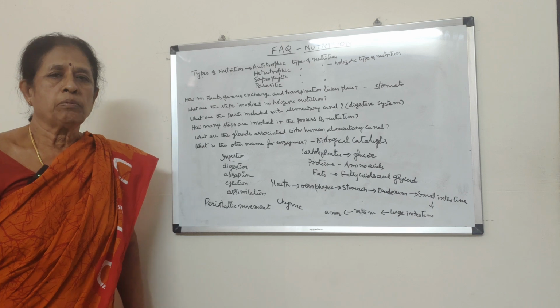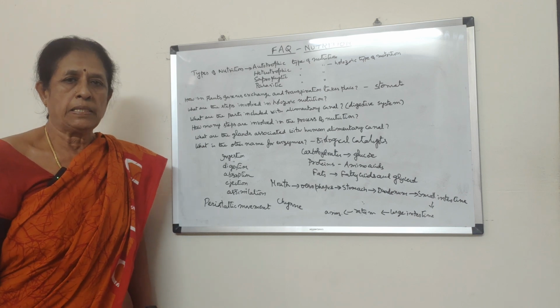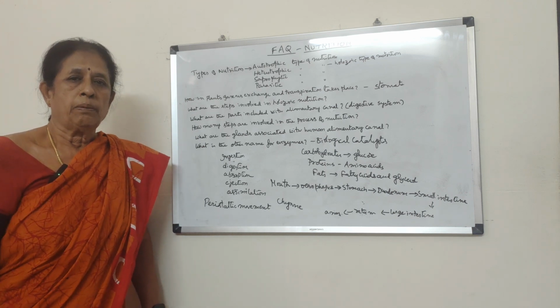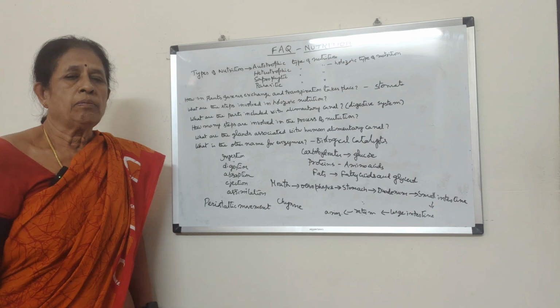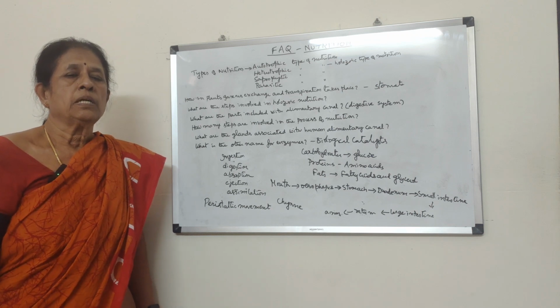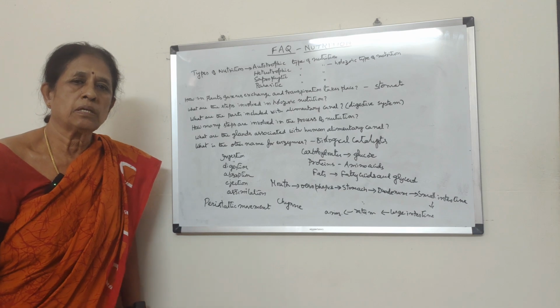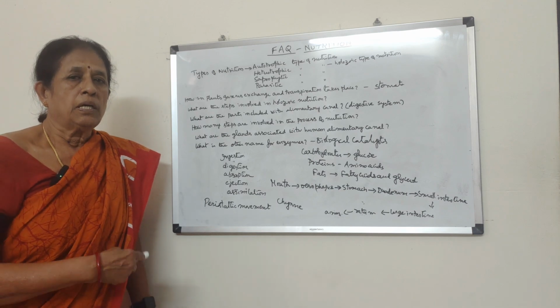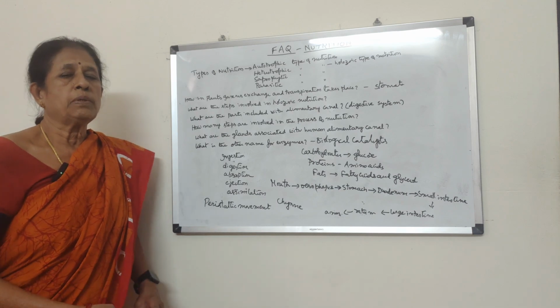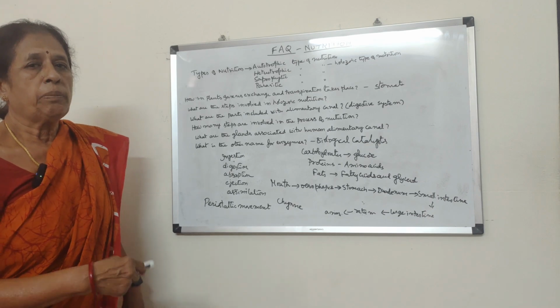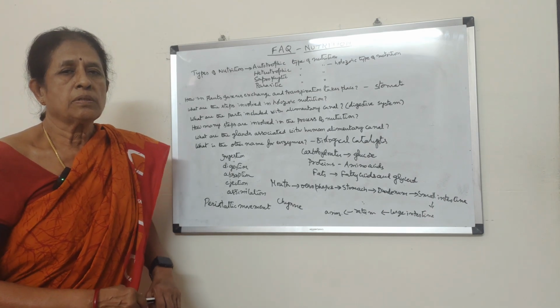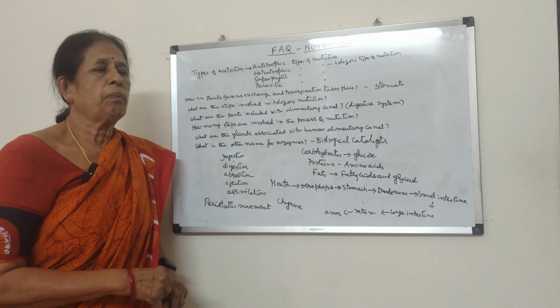It includes herbivores, which depend directly on plants, like cow, sheep, rabbit, etc. And the carnivorous type means the organisms which depend on other animals for their food, which depend on plants. That means carnivorous animals are indirectly depending on the plants.